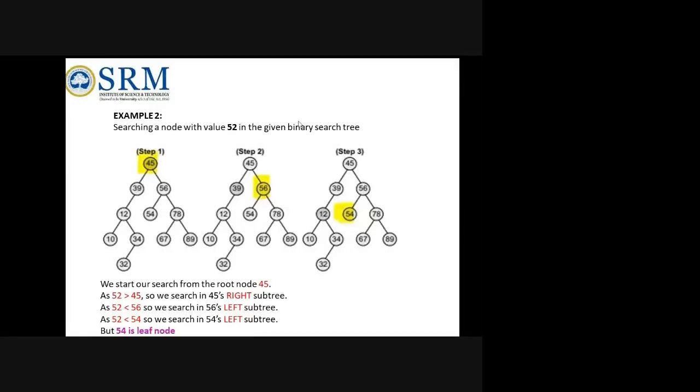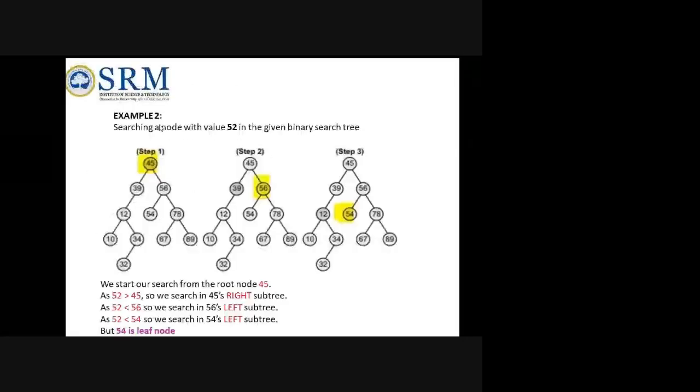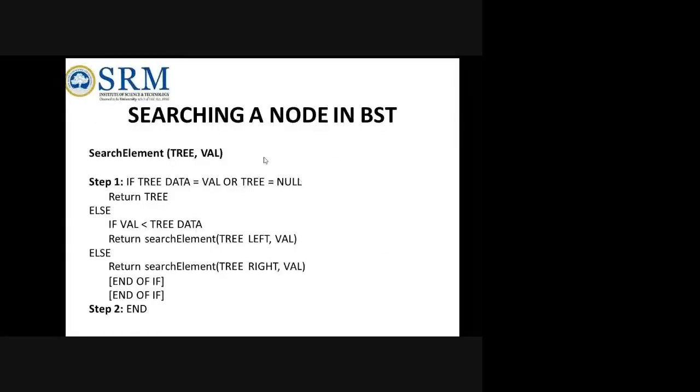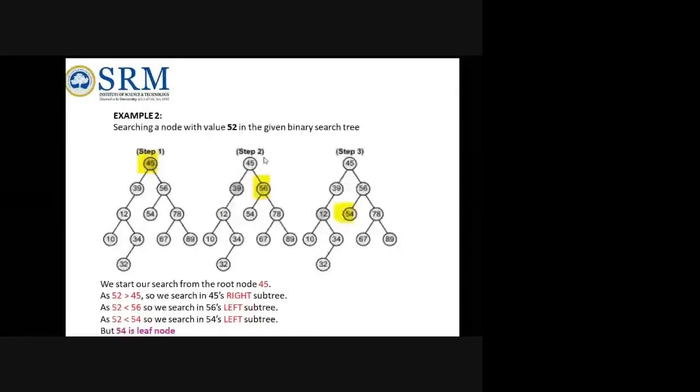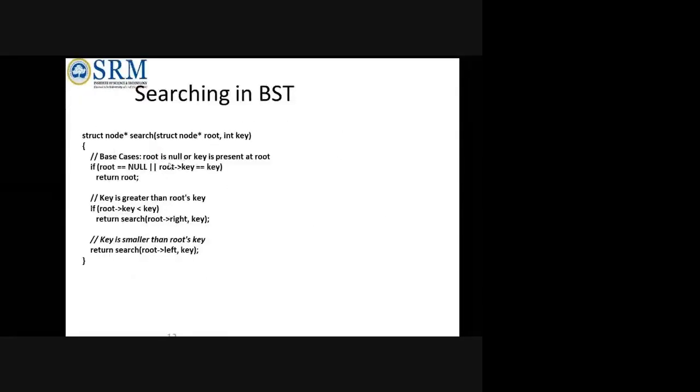Okay, so next one. In searching, that's what I told you, I gave you the algorithm. Here is your code. Your node creation is by default in key.